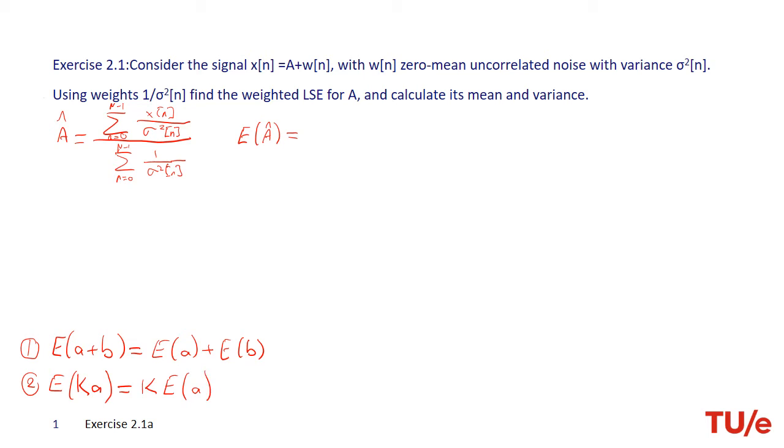Now, let's go back to a hat. This complicated looking expression actually consists of a couple of different constituents. Xn is the random variable here, but sigma squared n, that's deterministic. That's a parameter given already in the problem. So when we are dealing with the expected value of a hat, we are dealing with the expected value of this whole expression. In the denominator, there's no data, there's not a single random variable here.